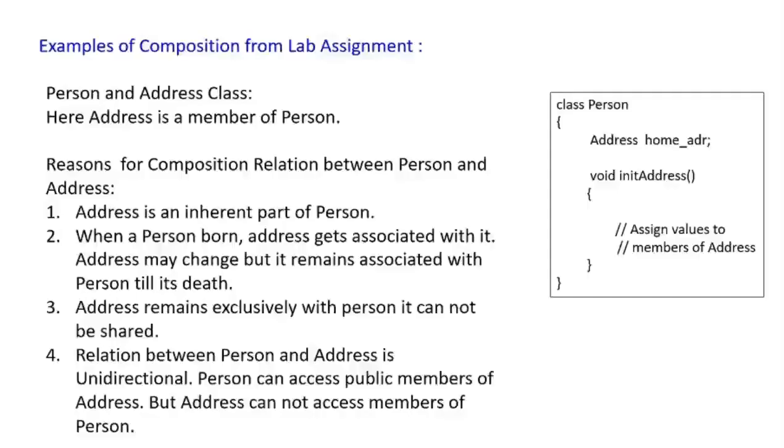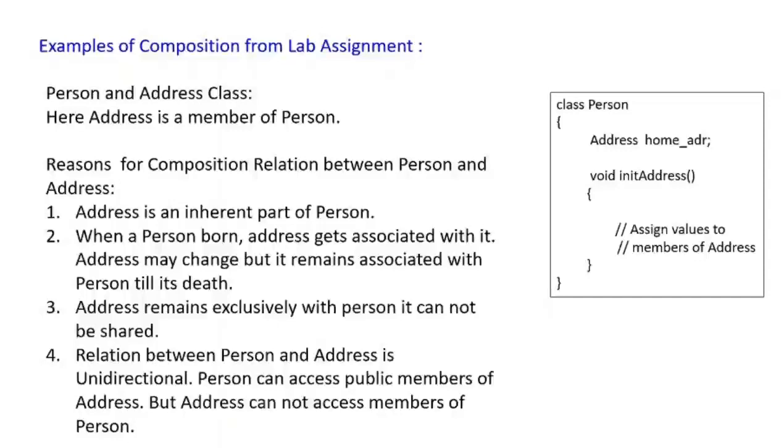Now, we have already seen some examples of composition in our lab sessions and lab assignments. One example that we have taken is the person and address class. Here we have declared an address object inside a person class. We have created a simple object in this case; the address variable is a simple variable.